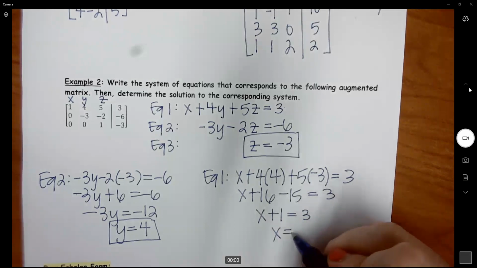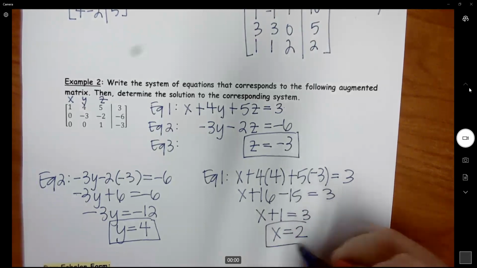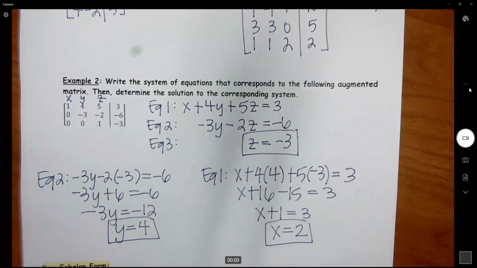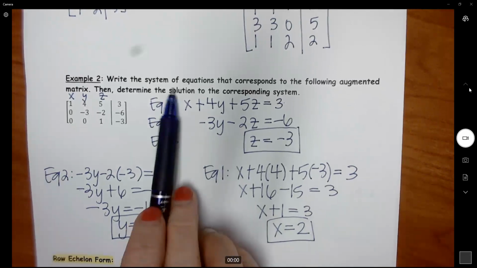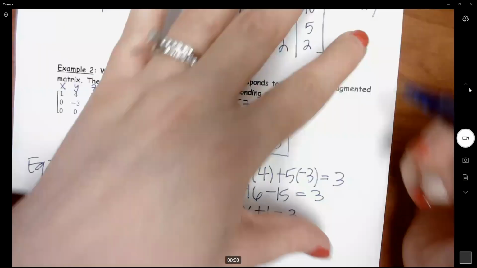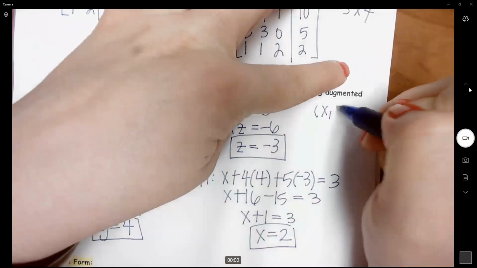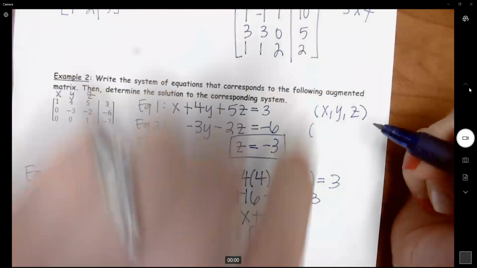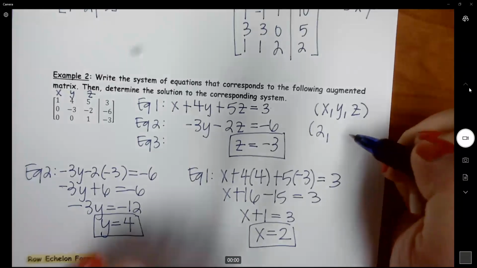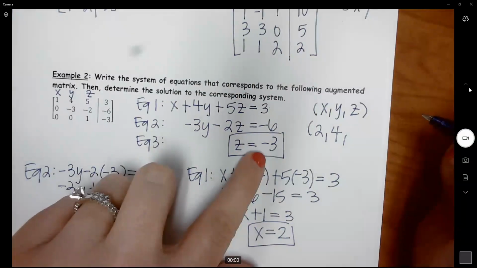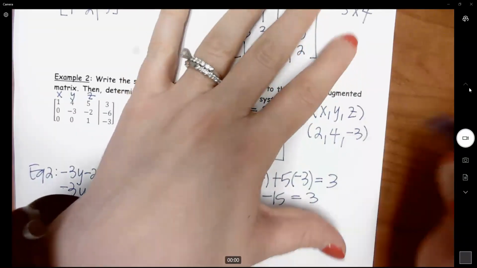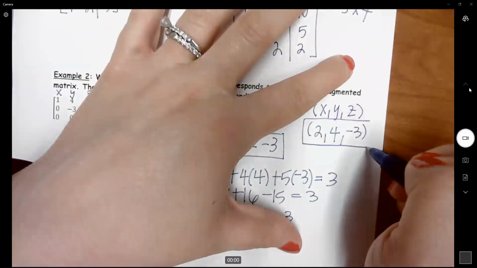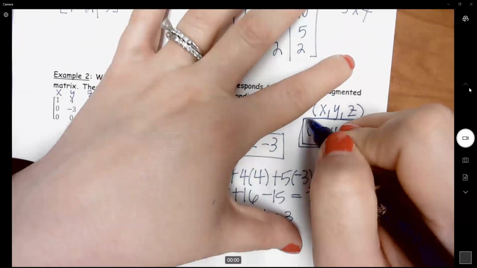Subtract your 1, and we'll get X is 2. So if I want this as a solution, I am going to write this as X, Y, Z for my final answer. My X is 2, my Y is 4, and they told me my Z was -3. And so this would be my final answer for finding the solution.